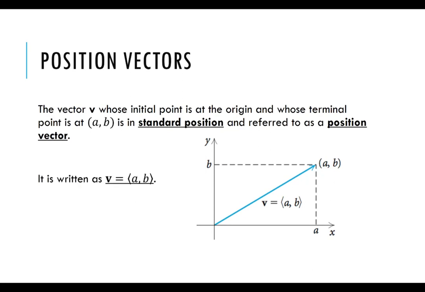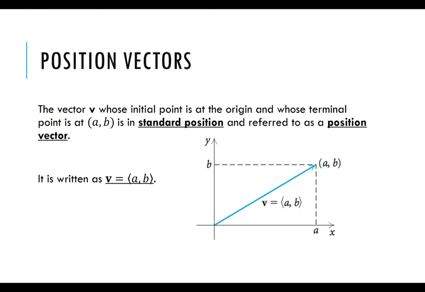Specifically, position vectors are going to be written, you can of course still use the boldface letters or the letters with arrows, but when we want to deal with the position vector of a vector, these are called components of a vector, we need to indicate the x part, which is really a here, and the y part, which is b here.